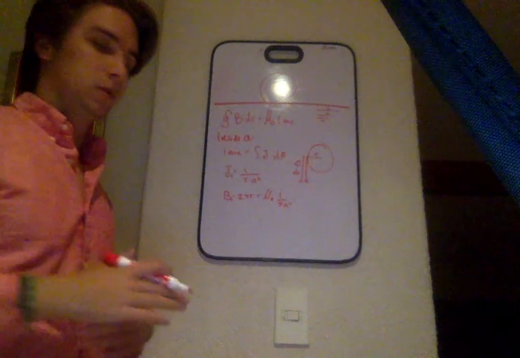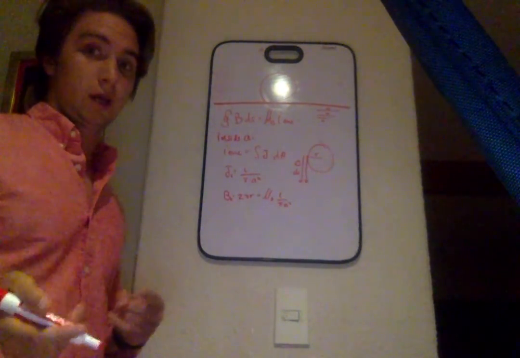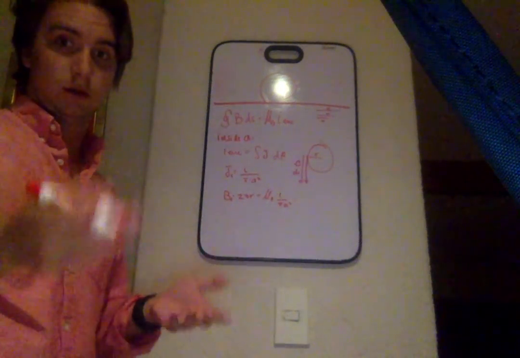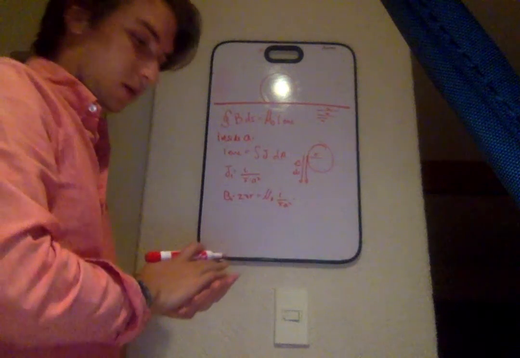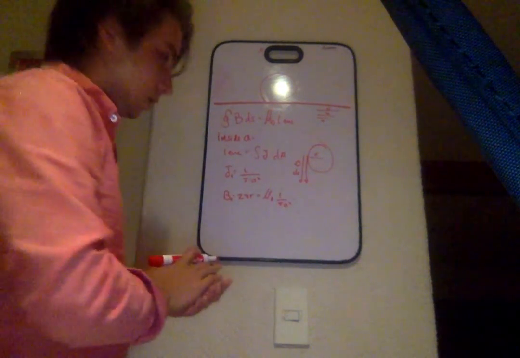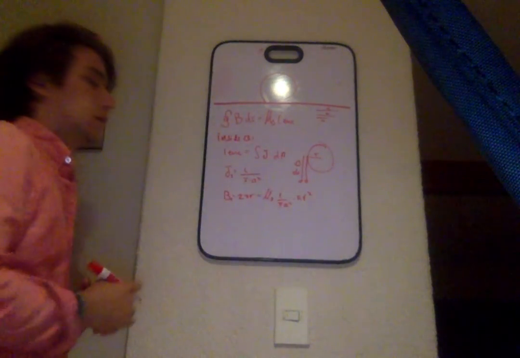And if you remember, when you have only a differential of area from 0 to that area, then you can write that as only the area, and that's pi r squared.